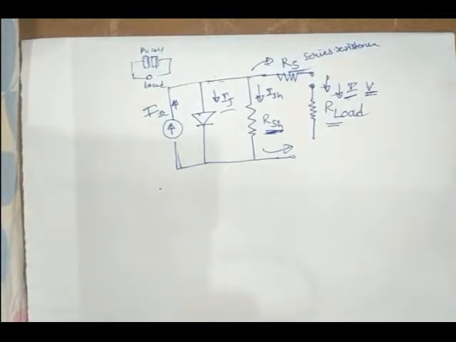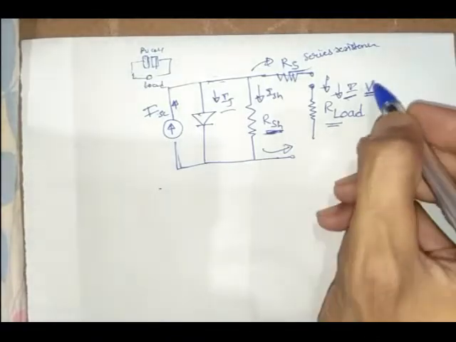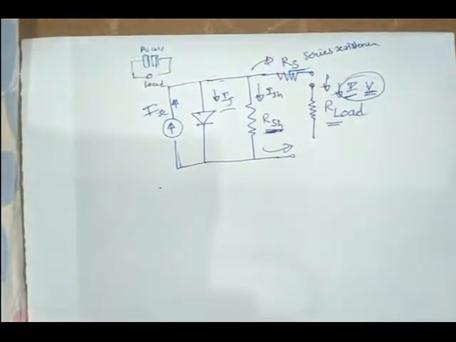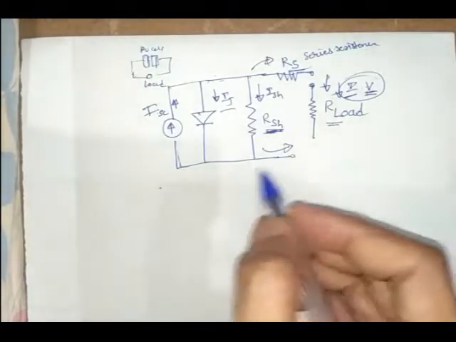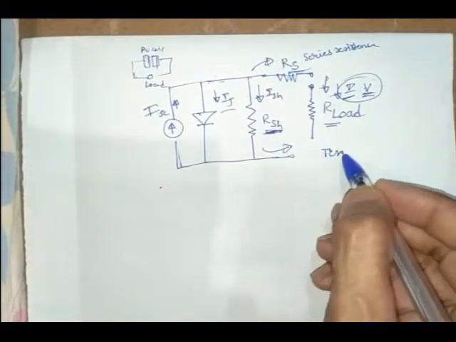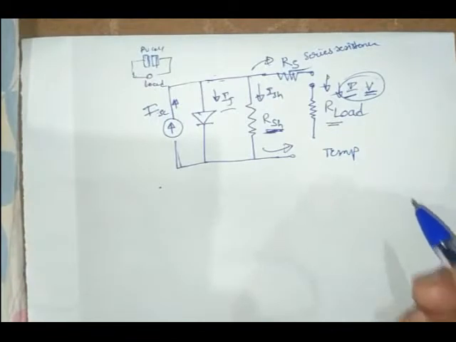Now we have current and voltage at the load. There should be a relation, right? There should be some relation which expresses how current and voltage are interconnected by some mathematical formula.